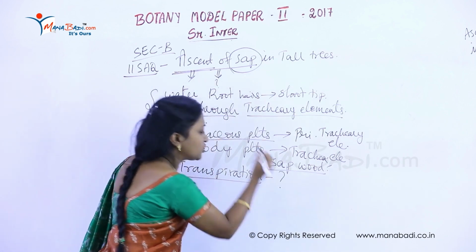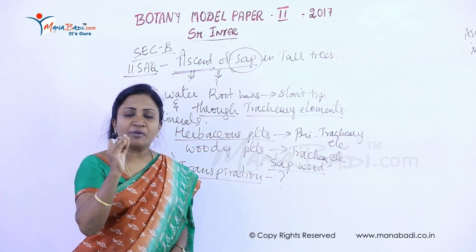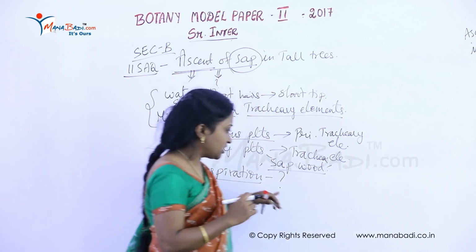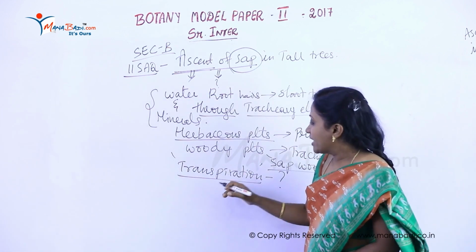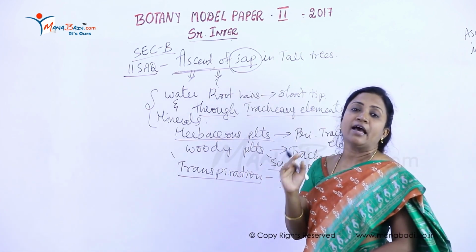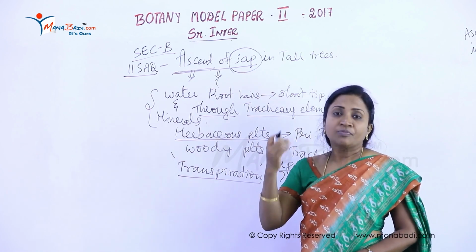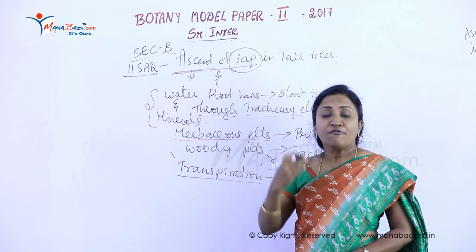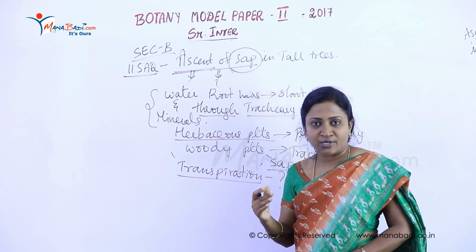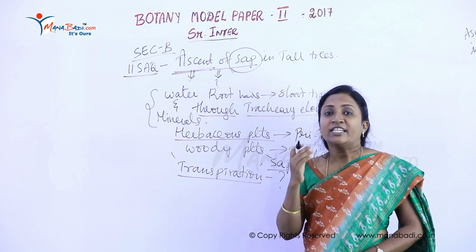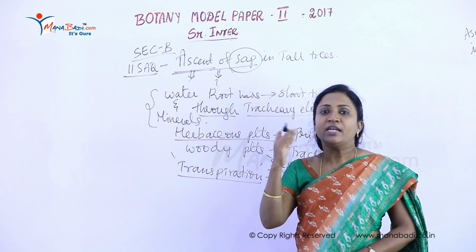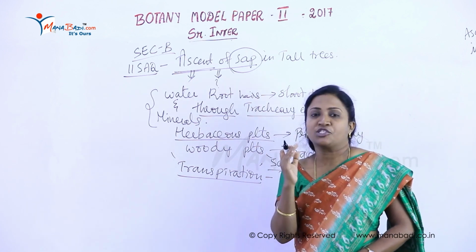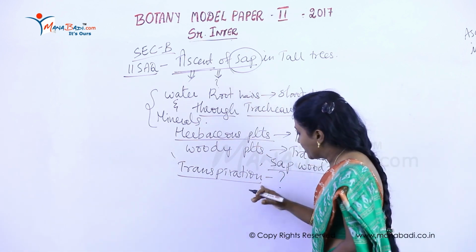And what is this transpiration? Transpiration can be technically defined as the loss of water in the form of vapor from the aerial parts of the plant body, that is from the leaves, through the small pore-like structures called stomata.